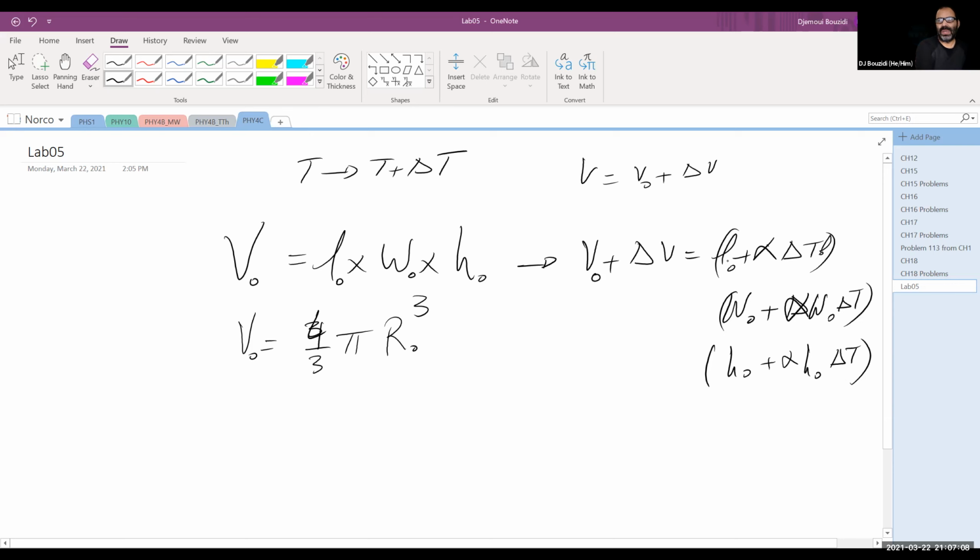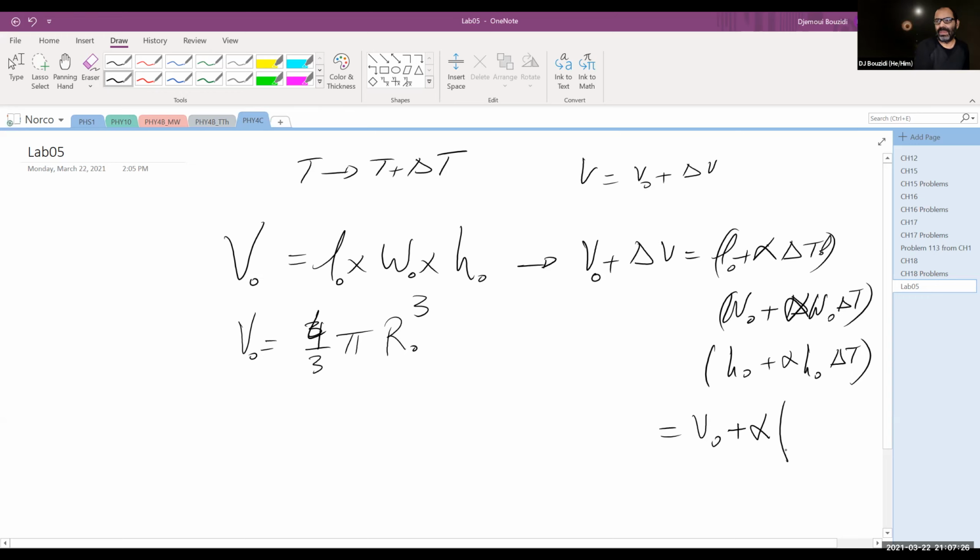If I expand these terms, I will have L naught times W naught times H naught, which is the old volume V naught, plus the first term in alpha: alpha times L naught times delta T times W naught times H naught.